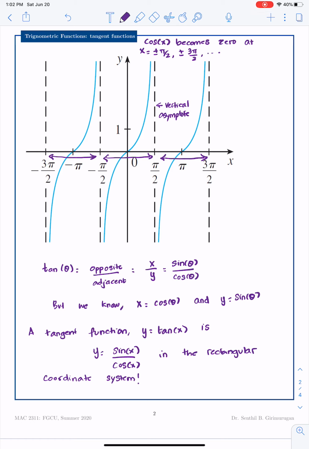So the point I'm trying to make here is that the period of a tangent function is pi, in the sense that for any x, tangent of x plus pi would simply equal tangent of x.